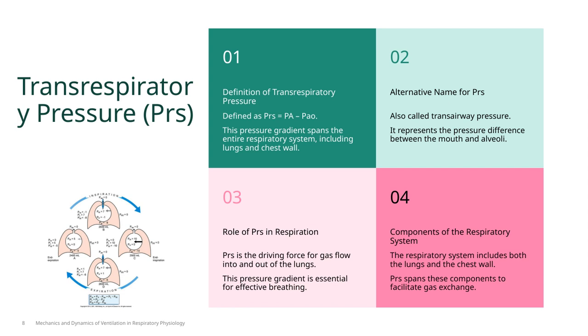Sometimes you'll hear PRS referred to as transairway pressure. It's the same concept, the pressure difference between the mouth and the alveoli, which facilitates the movement of air. Understanding PRS helps us comprehend how the respiratory system works as a whole, ensuring that ventilation is efficient and effective for oxygen delivery and carbon dioxide removal.